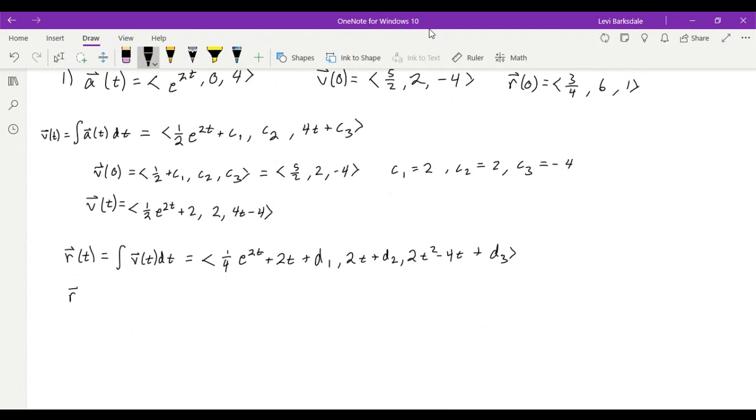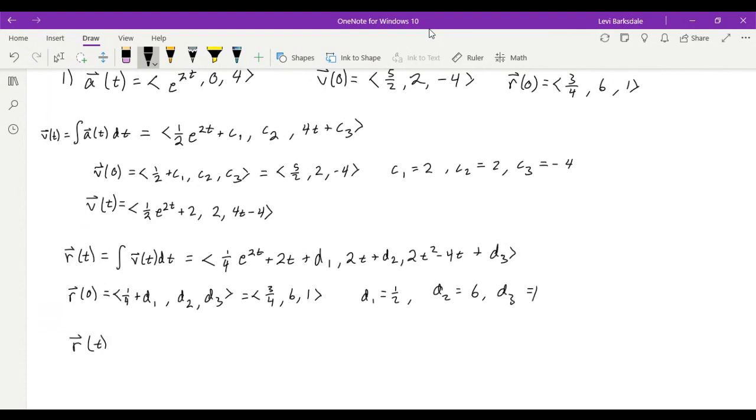So we can plug in 0 for t, and we get 1/4 plus d1, d2, and finally d3 being equal to (3/4, 6, 1). So this tells us that d1 is equal to 1/2, d2 is equal to 6, and d3 is equal to 1.